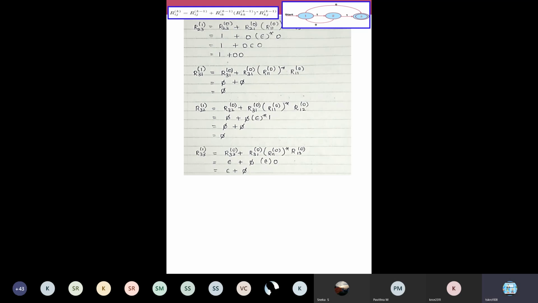Here you have to apply your simplification rule. When null comes in concatenation, I told you that you can make the entire term null. But when null comes in union, you drop the null term alone. The next term you have to include in your expression. In the previous steps, when null came in concatenation, we made the entire term null.